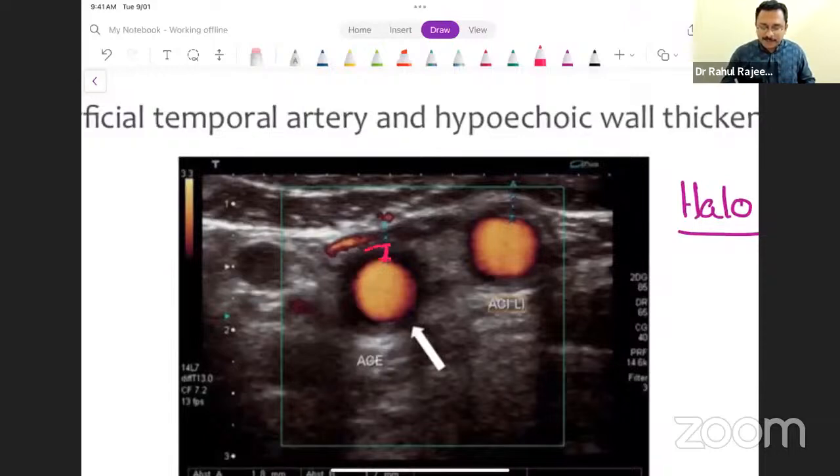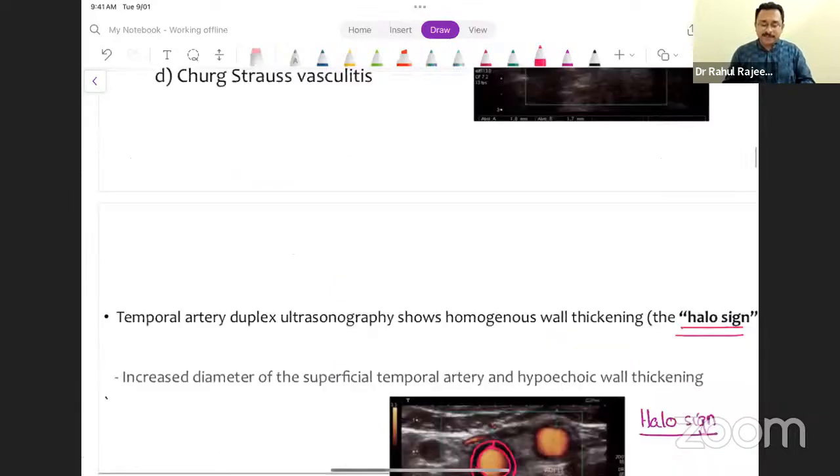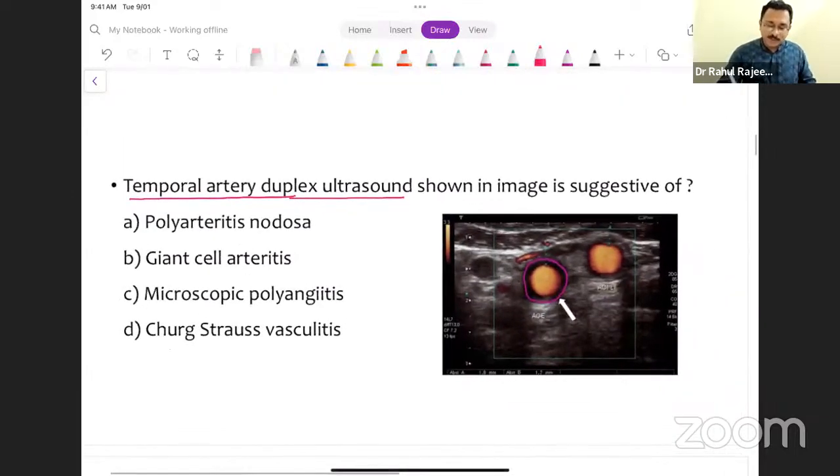This particular region that you're seeing is in fact the thickened temporal artery. That is shown as the halo. So this is what is referred to as the halo sign, and the halo sign is a feature of giant cell arteritis. I think we are clear regarding this. Any doubts on these two questions? Please let me know.